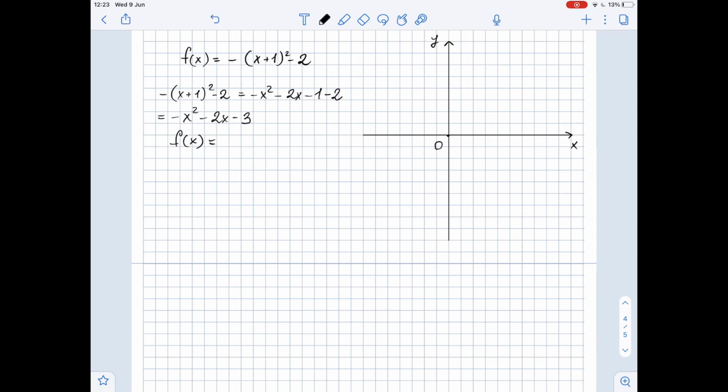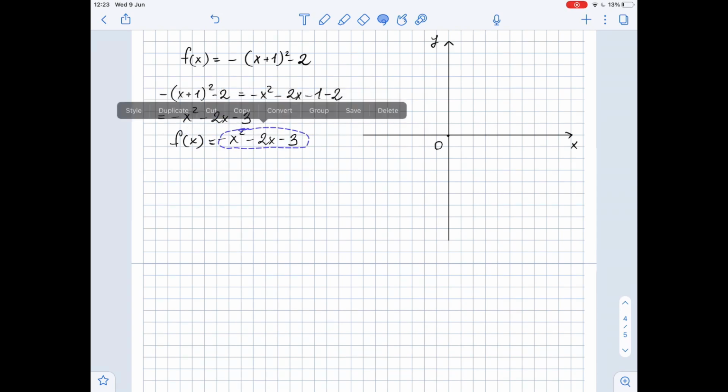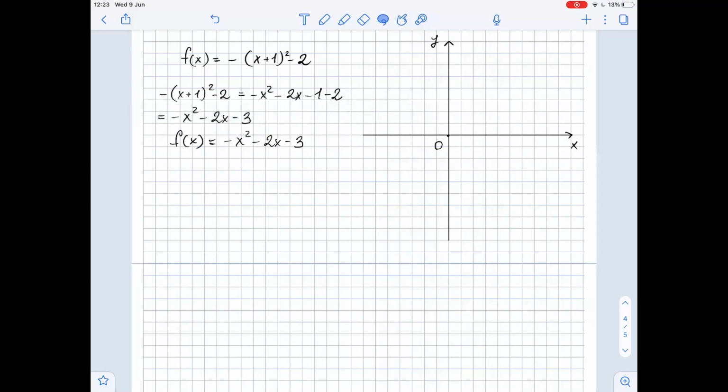And now we can see that it's clearly a quadratic function, and so its graph will look like a parabola. To draw this parabola, we need to get some information about it. So we remember that if the coefficient in front of x squared is negative, then our parabola goes down.